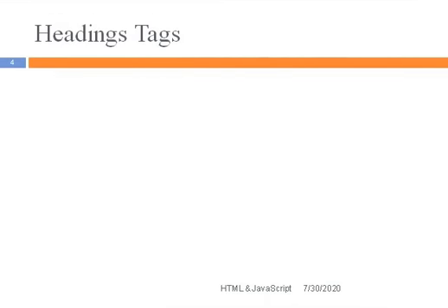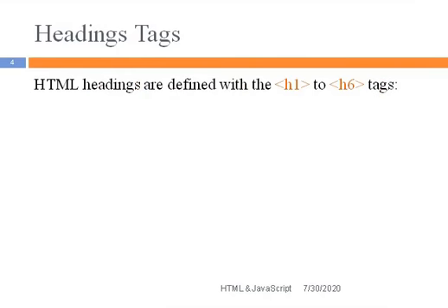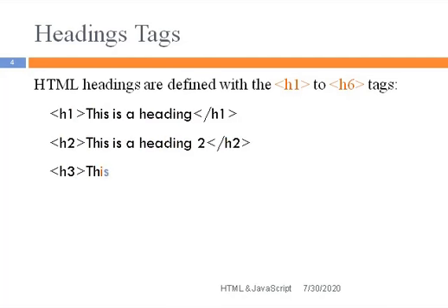Now we will see the different kinds of heading tags. HTML headings are defined with the h1 to h6 tags. So there are 6 tags which can be used to display the headings in an HTML page, from h1 to h6. We have written the h1 tag.